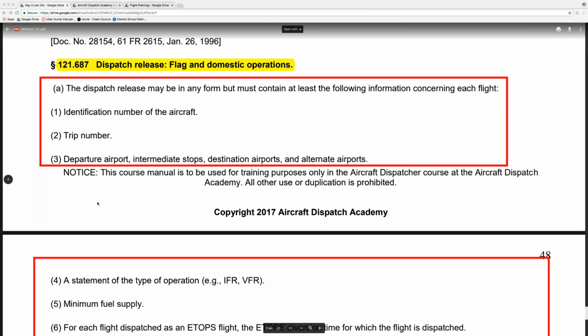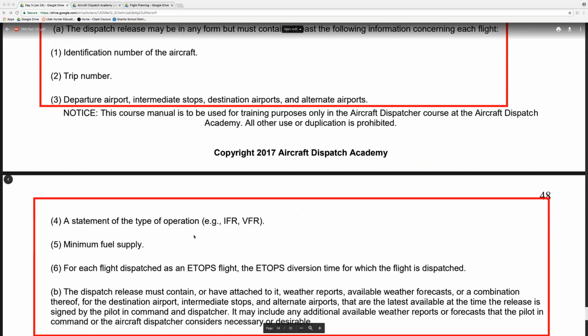Dispatch release may be in any form, but must contain at least the following information concerning each flight: identification number of the aircraft, trip number, departure airport, intermediate stops, destination airports, and alternate airports, a statement of the type of operation, minimum fuel supply. For each flight dispatched as an ETOPS flight, the ETOPS diversion time for which the flight is dispatched.